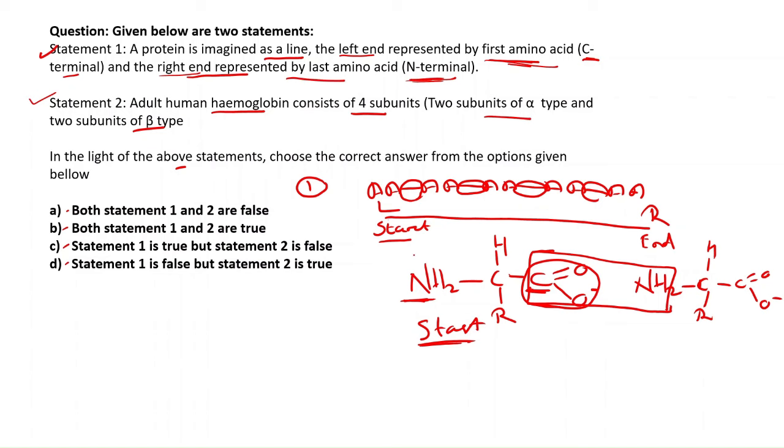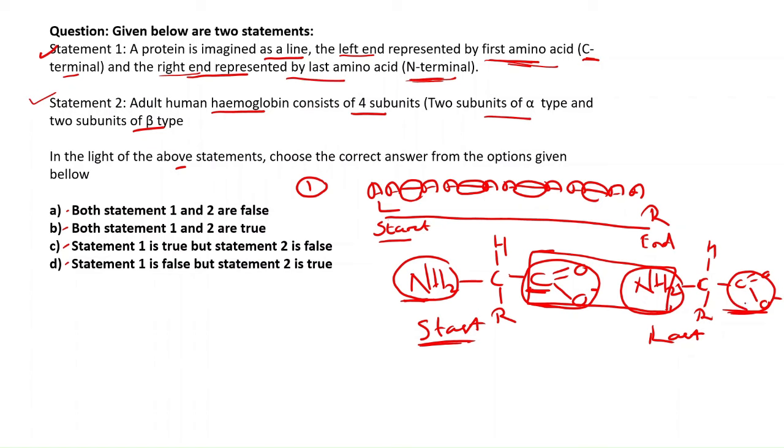So the first amino acid is the N terminal amino acid, whereas in the last amino acid, the NH2 group was involved in the formation of the peptide bond. Here at the end you will get the C carbon with COO minus.